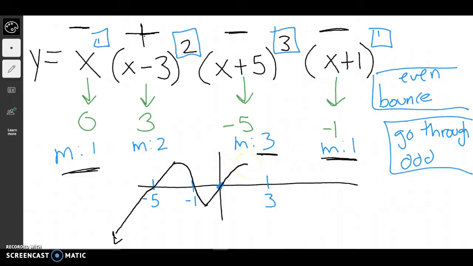And then at 3, we finally have a multiplicity of 2, which is even. So this is going to hit that axis and bounce off of it, or stay on the same side. And that would be our graph. As you can see, that's a lot faster than deciding the positives and negatives.